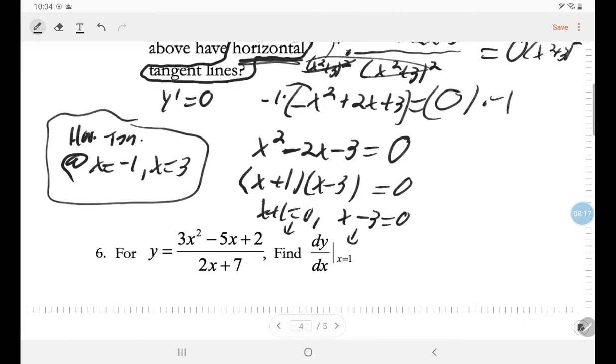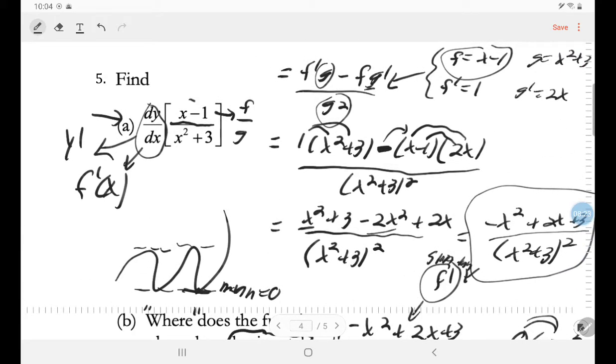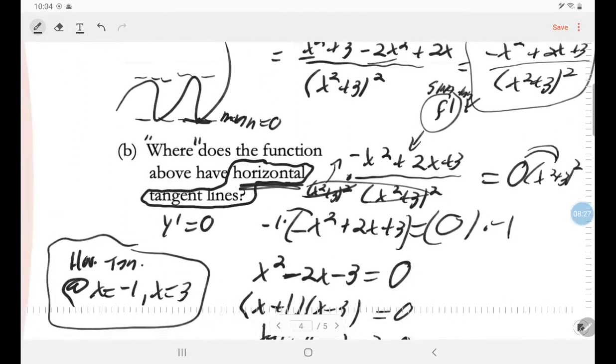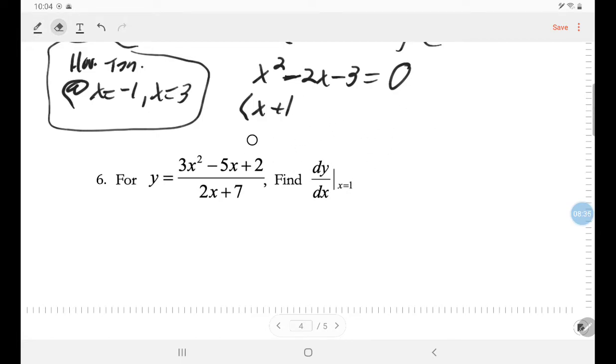Again, that's when it asks where. If it said at what points, then you'd have to go back to your original function right here and plug in the x values to get the corresponding y, but since we were not asked to do that, I'm not going to do that.